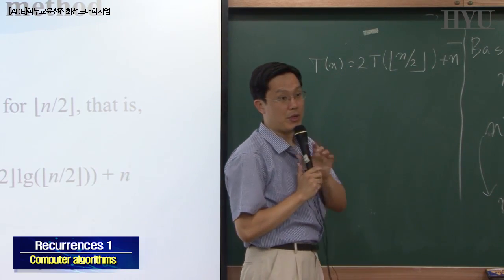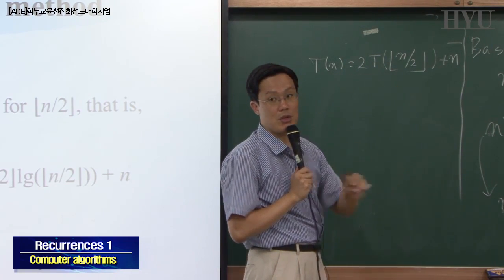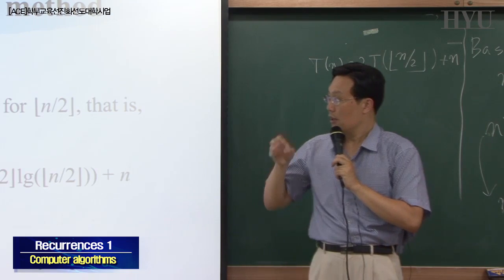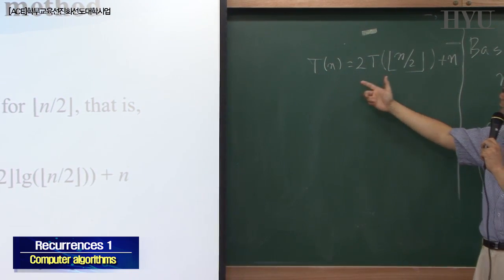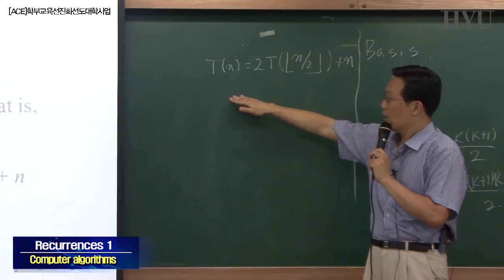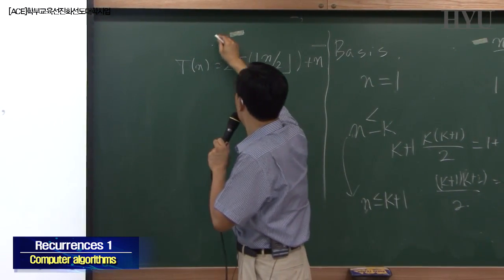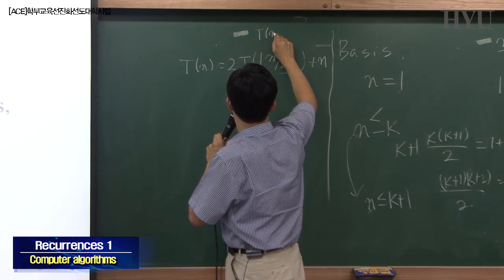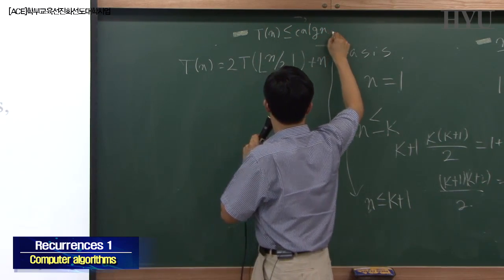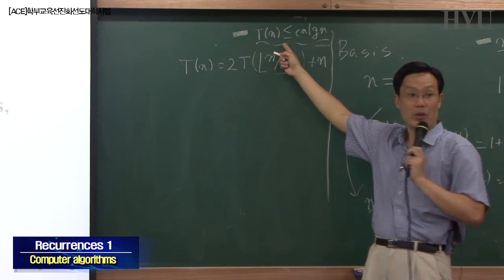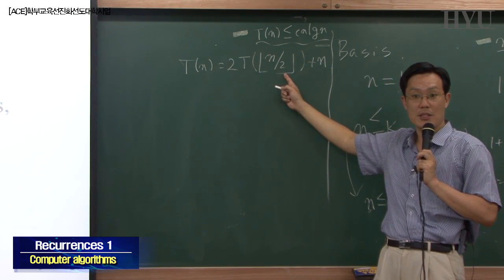Okay, this is the recurrence. So in this case, we are going to show T of n is Cn log n. We are going to show this using this recurrence.